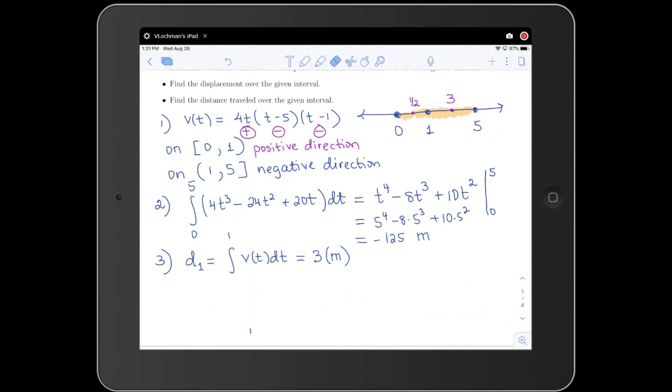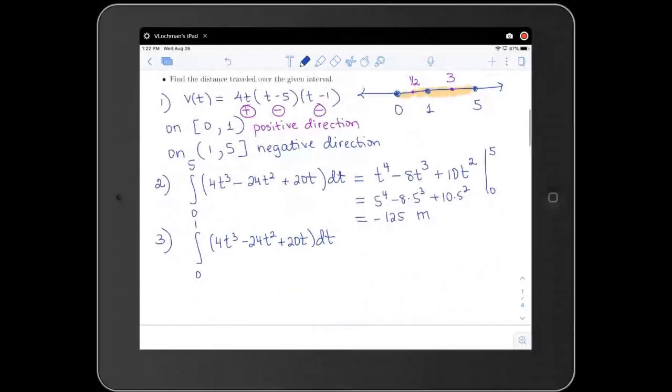All right, so let's do this then. From 0 to 1, this is not a good start, but I was pretty sure I've done this correctly. From 0 to 1, 4t cubed minus 24t squared plus 20t dt, right? That's our function. Did I copy this right? Yes. So this is t to the fourth minus 8t cubed plus 10t squared, from 0 to 1.